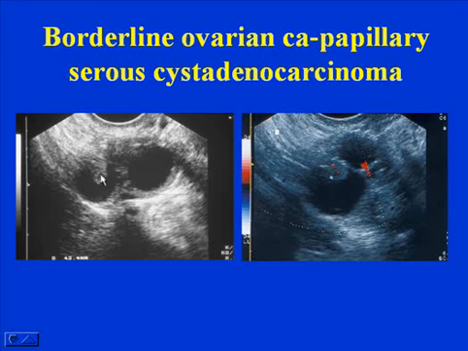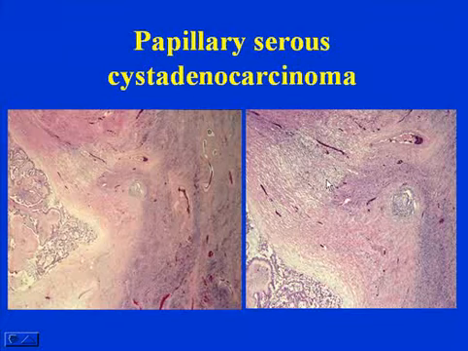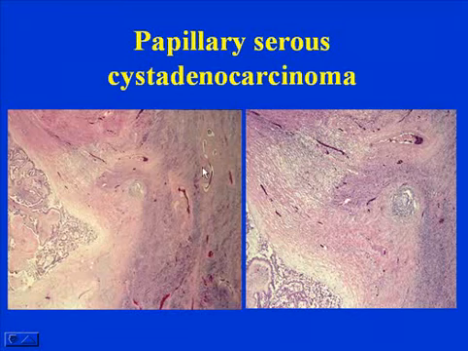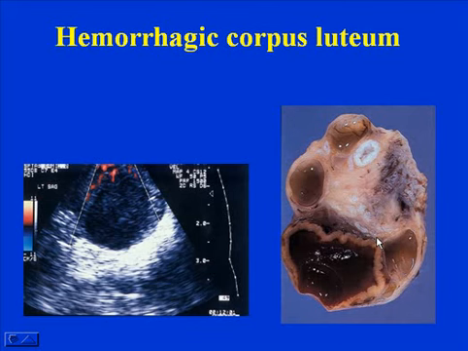Now, most of the time papillary excrescences are associated with malignancy or borderline tumors, and we can see blood vessels in the papillary excrescence, which histologically it conforms to this on low power and on high power as areas of vascular infiltration by this papillary cancer.